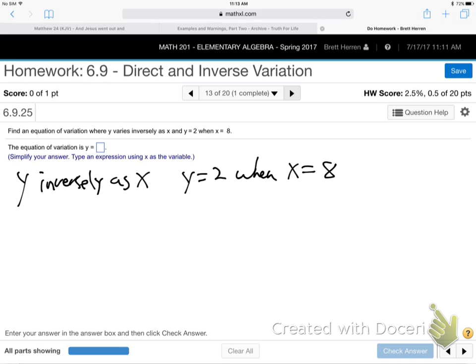So this time they're only giving me two numbers. So just go y, x, 2, 8. Make sense? Inversely, side by side. Is that good?